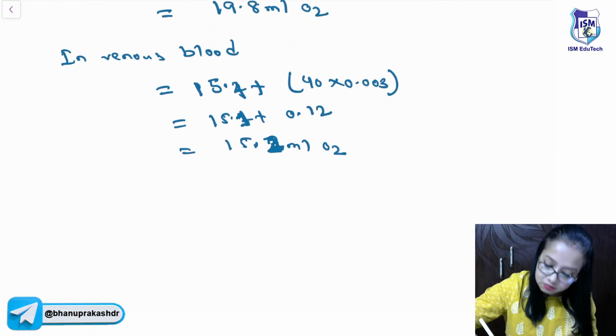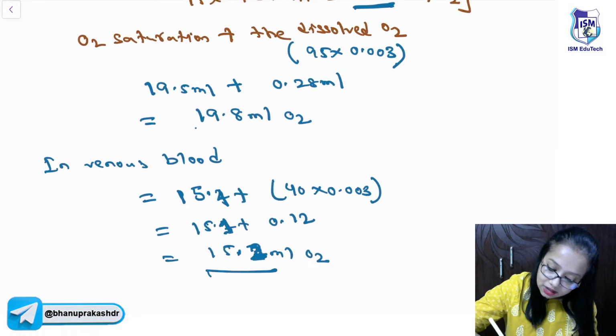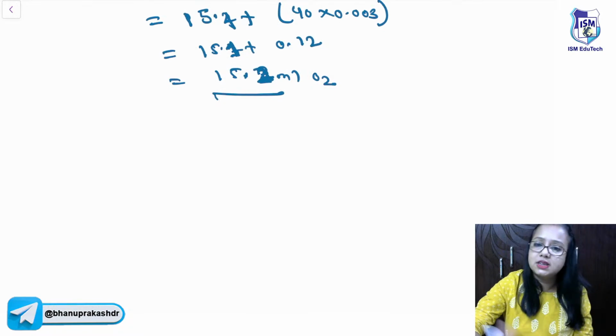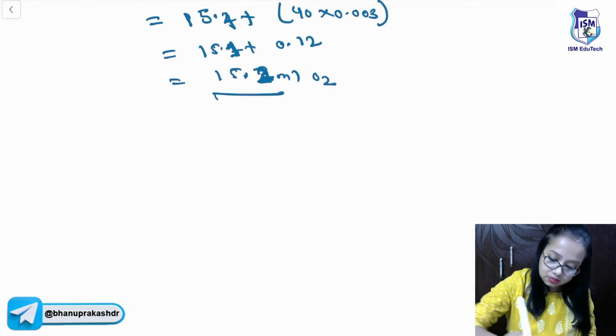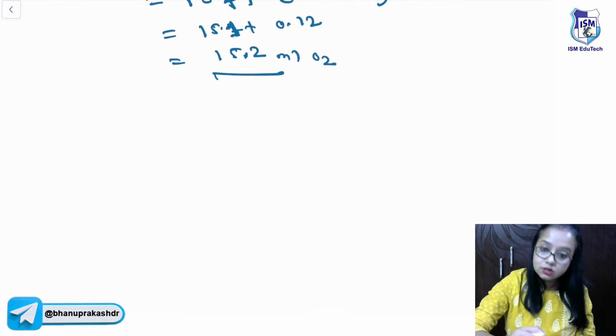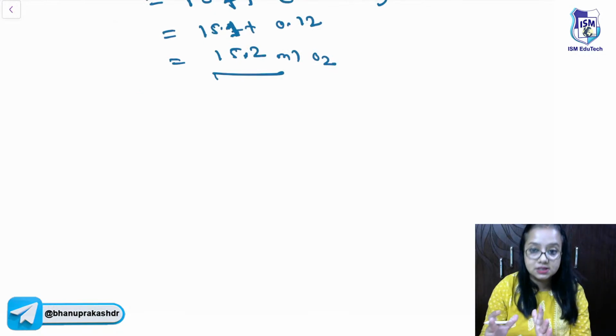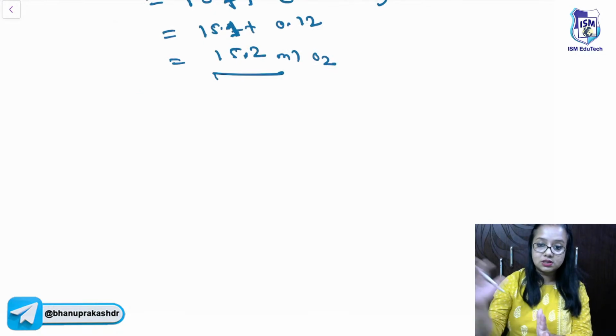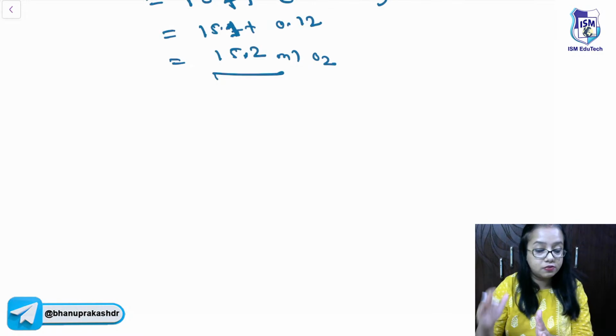Now look at the values. Venous blood has about 15.3 to 15.2, so for our understanding, let us make it 15.2. Whereas the arterial blood is carrying about 19.8 ml. We know oxygen is a gas that flows following the law of diffusion.